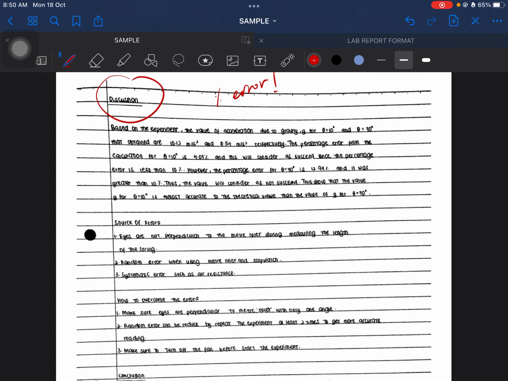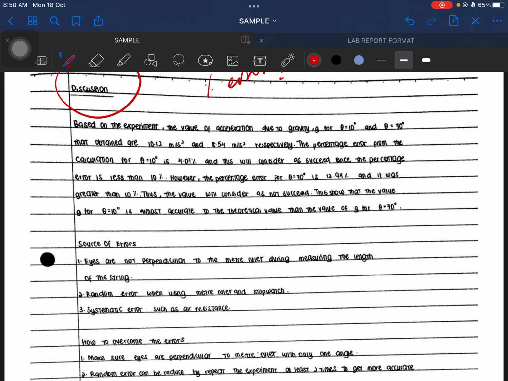So let me read this one. The value of acceleration due to gravity for obtaining the percentage error. Okay, so this is correct, and then correct. All right, you should state whether the experiment is successful or not. That one is important, whether it is successful or not.